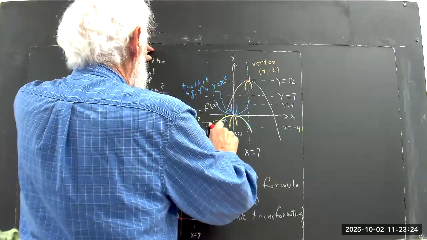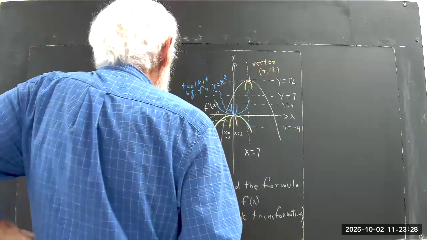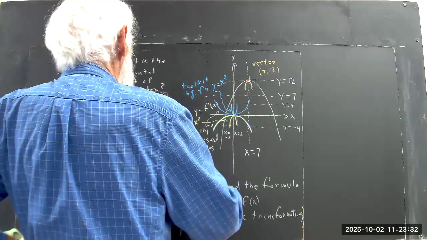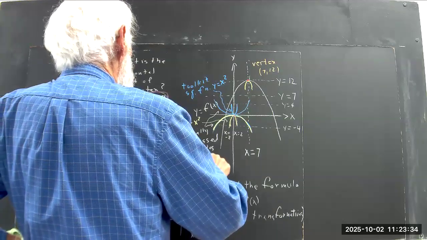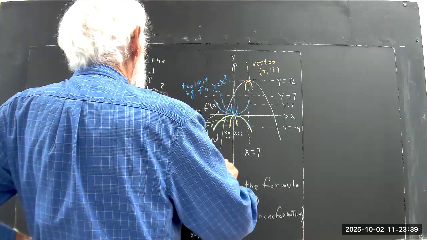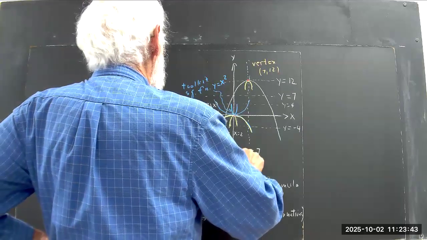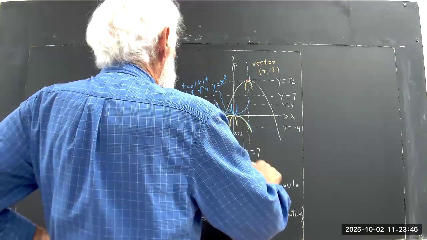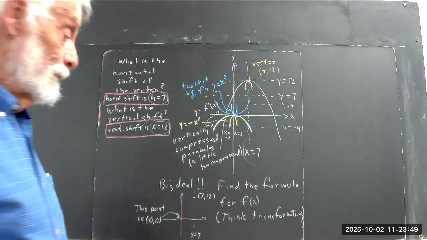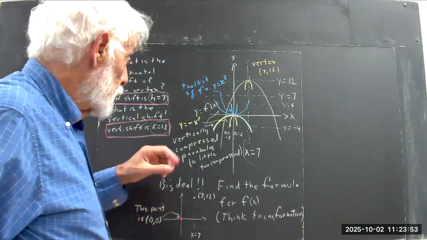We have a couple of vertically compressed parabolas. They're a little too compressed. Now, I didn't intend to draw them too compressed, but I just went and did it. And, having done that, I will make use of that fact, okay?